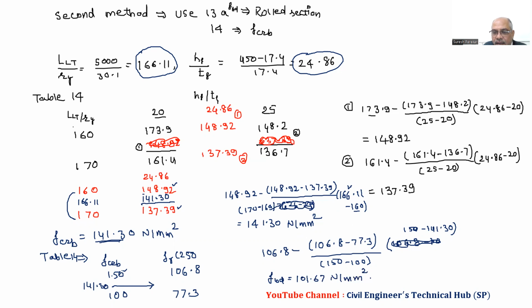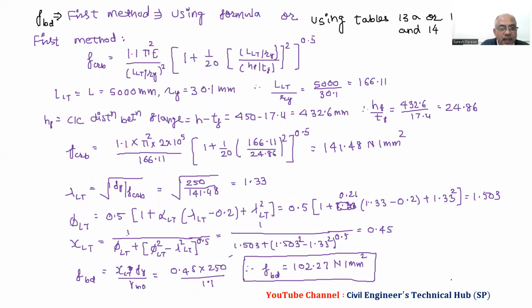In the first method, if you remember, we had 102.27. It is not even 1%, so you can use either of these.